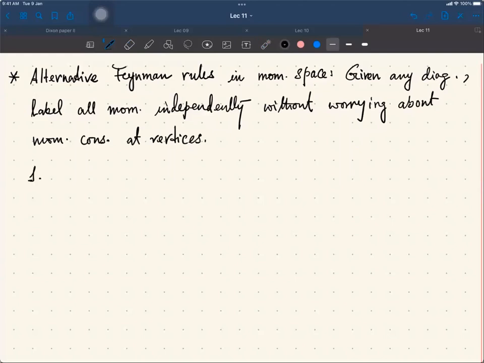And then for each propagator, write 1 over i delta tilde.